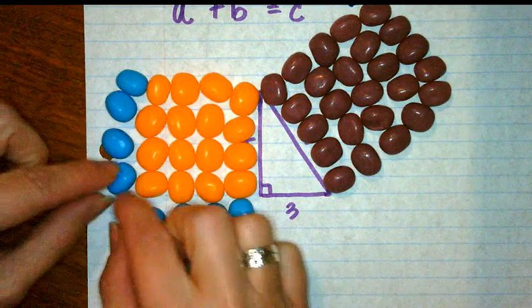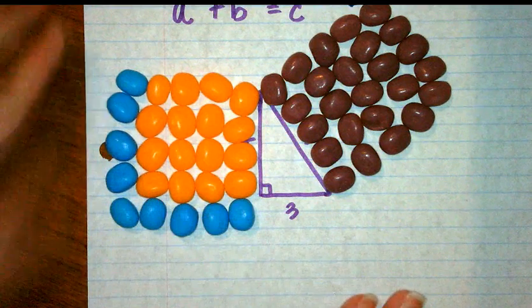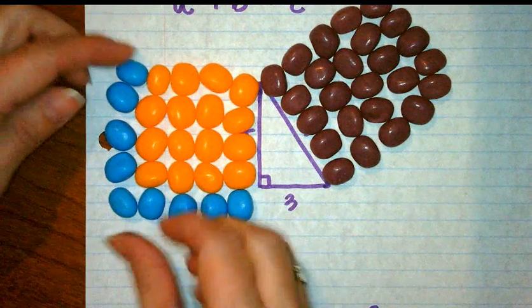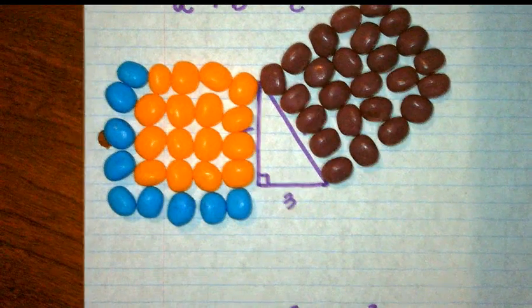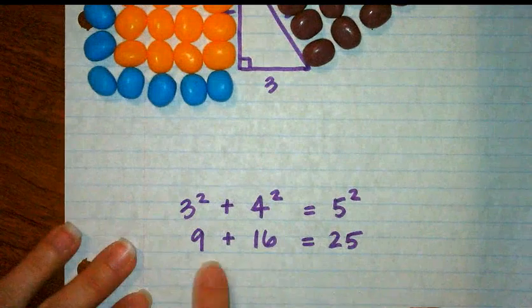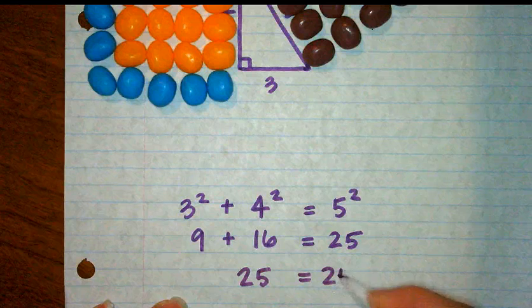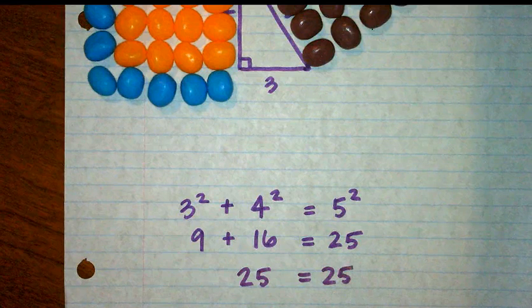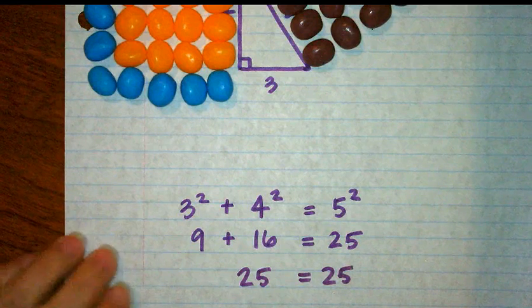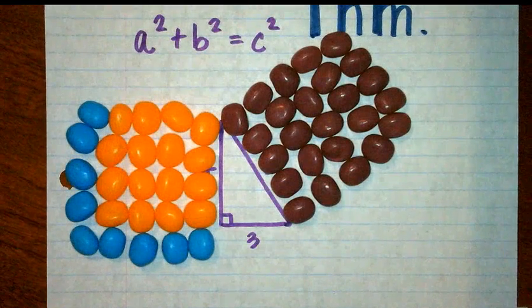What I end up with is a square of 25 jelly beans, and the reason is because 9 plus 16 is 25. So Pythagorean theorem works only if you square the sides, and the proof of it is right here.